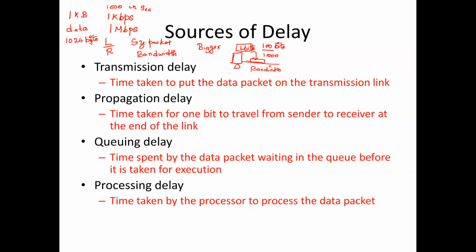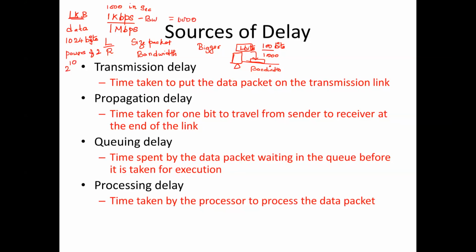You have to remember, when we talk about data, it is in powers of 2, which is 2 power 10. So when we say 1 KB, it means 1,024 bits. Whereas when we say bandwidth, 1K is equivalent to 1,000, which is 10 power 3.